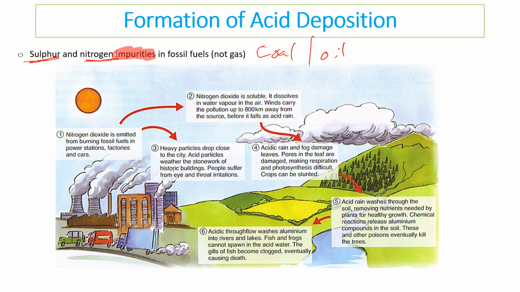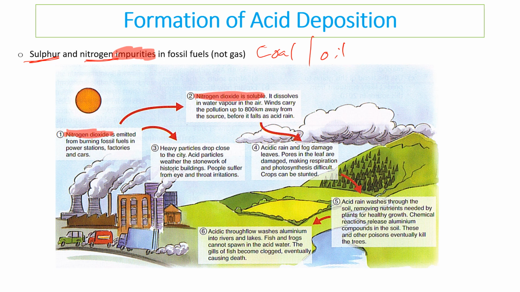So what happens is when we burn fuels in the power station, nitrogen reacts with oxygen, for example, or sulfur reacts with oxygen to make nitrogen dioxide or sulfur dioxide. Nitrogen dioxide is being emitted from the factories, and that goes into the air. Nitrogen dioxide is soluble, so it goes into the clouds.